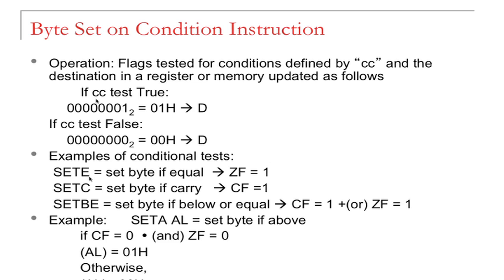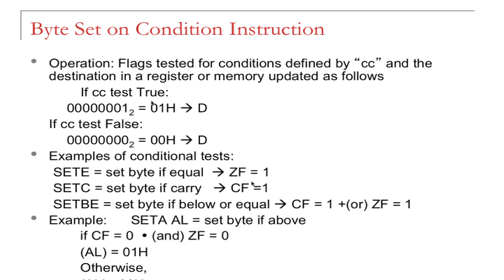And we have E, that means equal, and C means whether the carry flag is 0 or 1, and the BE is for the below or equal, for the unsigned comparison. And these are the flags that will be checked when these instructions are executed.